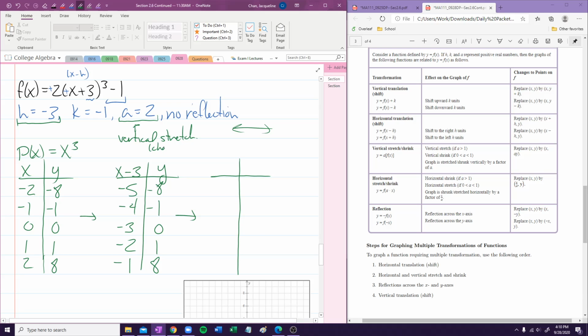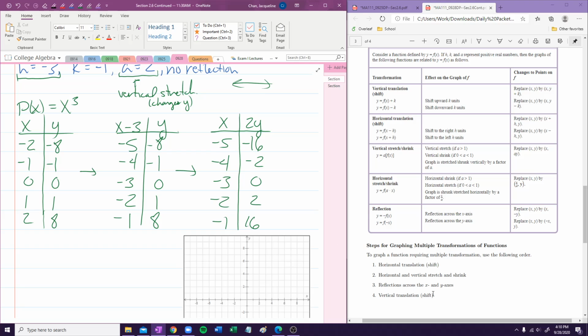It changes my y values, so my x stays the same. You just take your a and multiply it by y, so this will be 2y. The x values are negative 5, negative 4, negative 3, negative 2, negative 1, and I'm just going to double the y, so this is negative 16, negative 2, 0, 2, and 16.